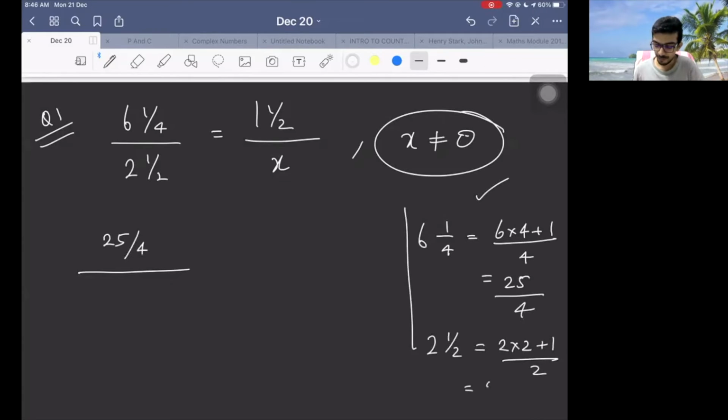So that is 5 by 2. And on the RHS, we have 5 by 2 is equal to x divided by x. Is this fine? Tell me if this is fine.